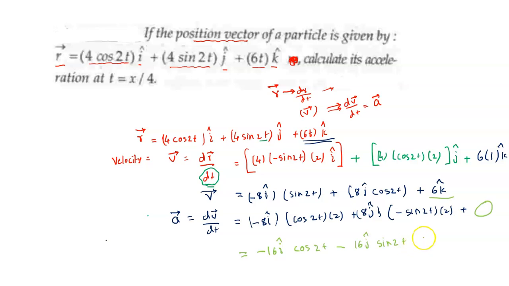Taking negative 16 common, it is minus 16 times i hat cos of 2t plus j hat sine of 2t. This is the acceleration we got for this position vector. Okay, thank you.